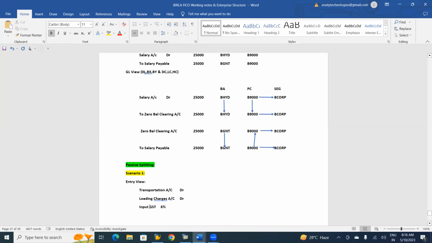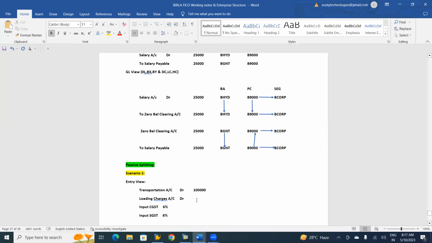This is central. Given in transportation charges, 1 lakh.